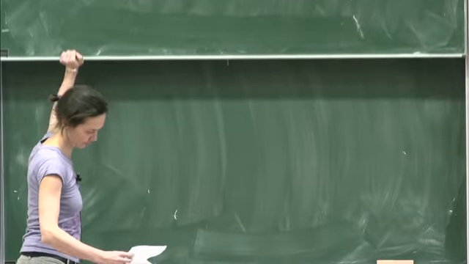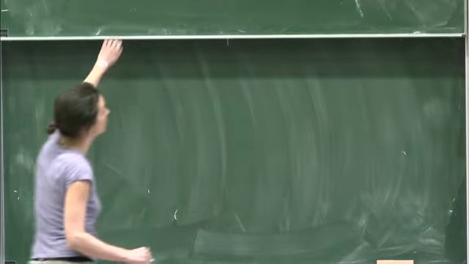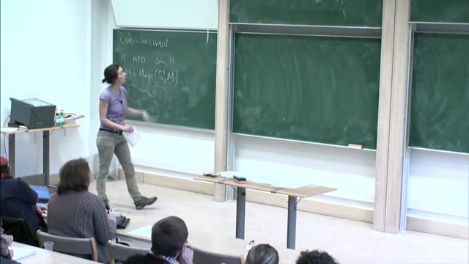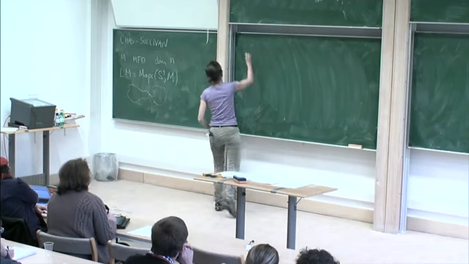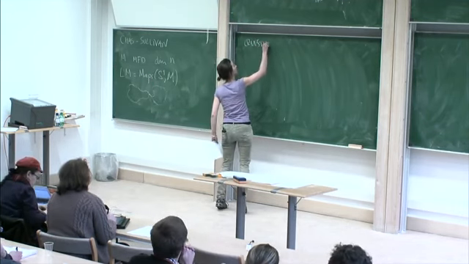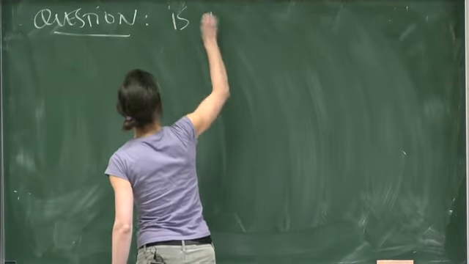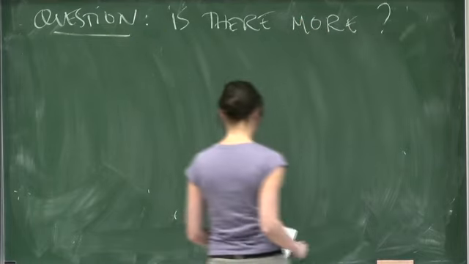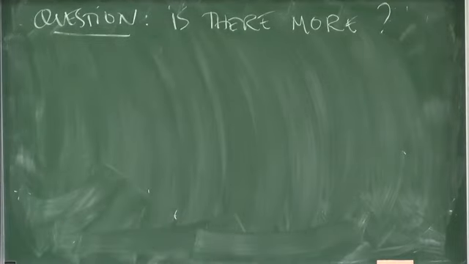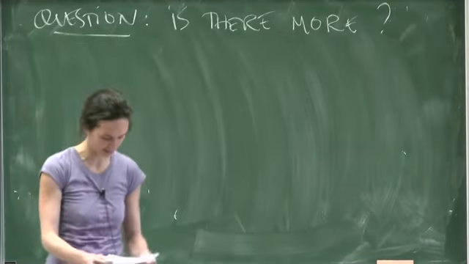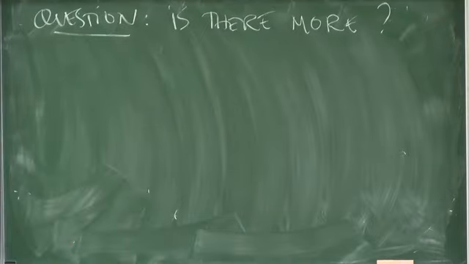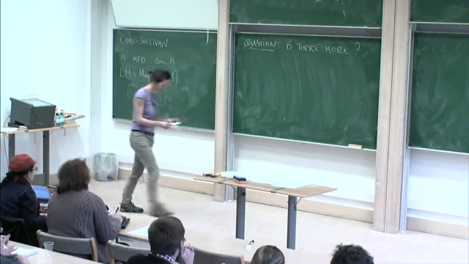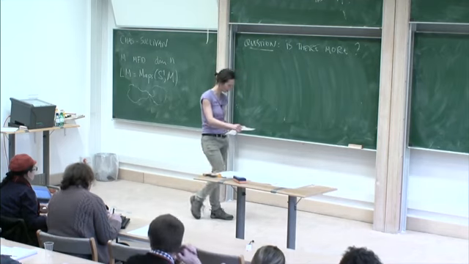That's the Chas-Sullivan original product, and then you can ask one question. Are there more such operations? I'm one of these operadic type of person. I like spaces of operations, and I'm a topologist, so I really like actual topological spaces if possible. But we're going to get into algebra in a second.